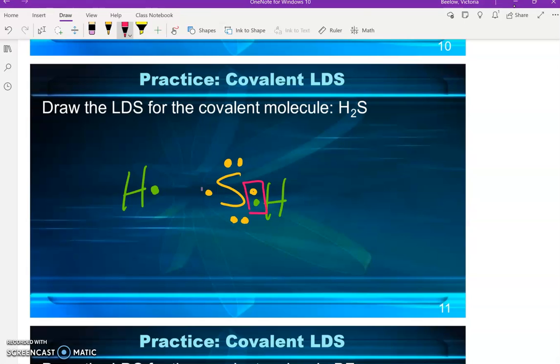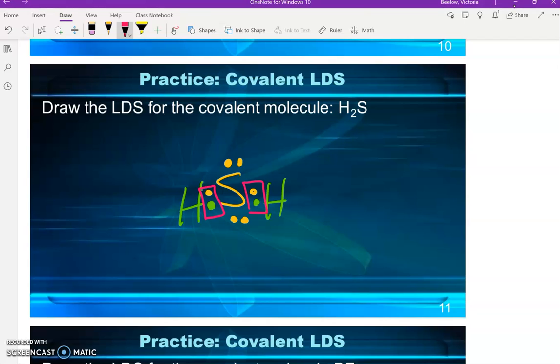This is forming a bond. Since we're sharing 1 electron from each element, that would be a single bond. And then we're going to do the same thing with this one. So now these electrons are being shared, and that would also be a single bond.